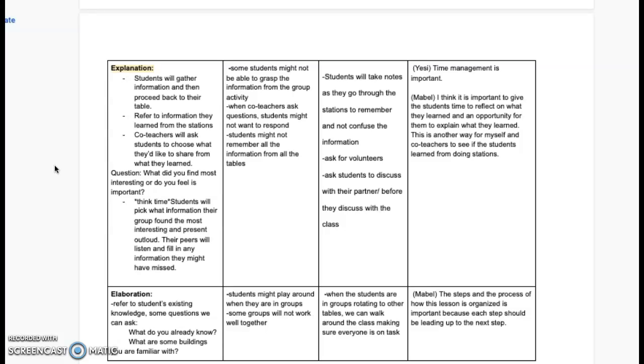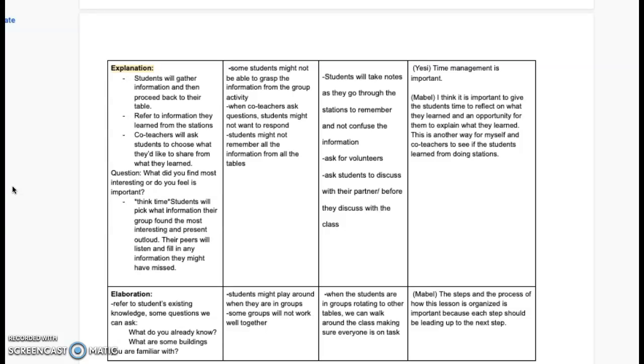Next, we have students refer to the information they learned from the station. So let's see if they comprehend what they learned. Next, co-teachers will ask students to choose what they would like to share from what they learned. A specific question my co-teachers and I will ask is, what did you find most interesting, or do you feel is important?